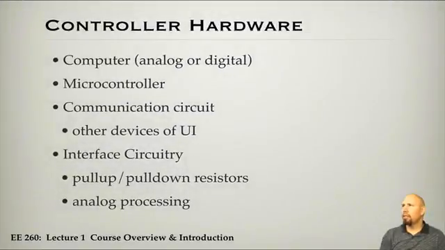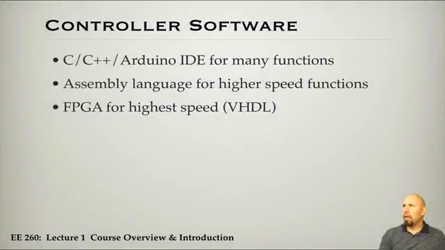That's the user interface. The controller hardware can be of a number of forms. It can be a computer, a microcontroller. It may involve communication circuitry, interface circuitry. It may also involve some amount of analog processing. So the intelligence in the system is coded into the system. It doesn't appear by random chance. It needs to be intentionally put in, intelligently assigned to the system.